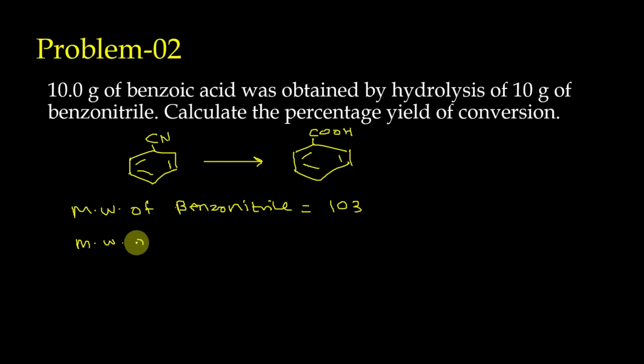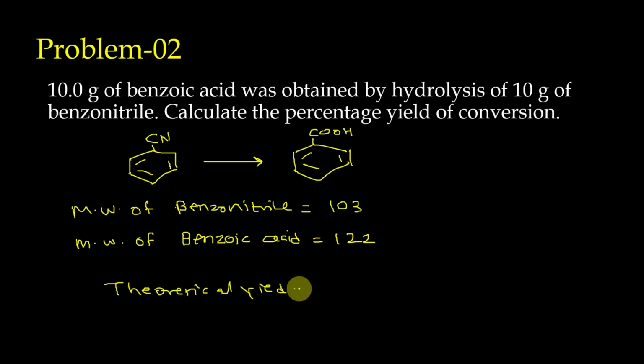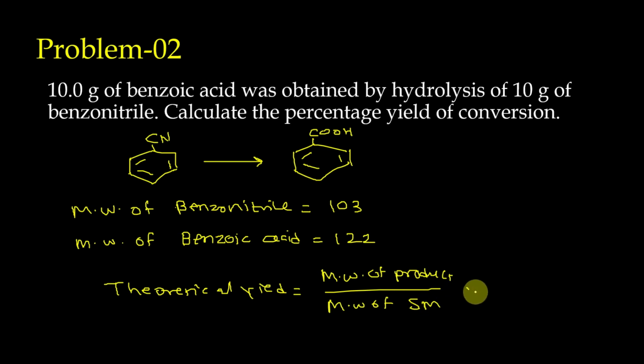The molecular weight of benzoic acid, which is your product, is 122. Right? Now we'll go as per the formula. Theoretical yield is equal to molecular weight of product divided by molecular weight of starting material into weight of starting material.